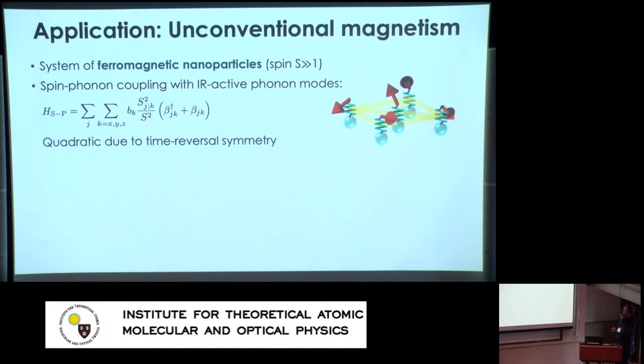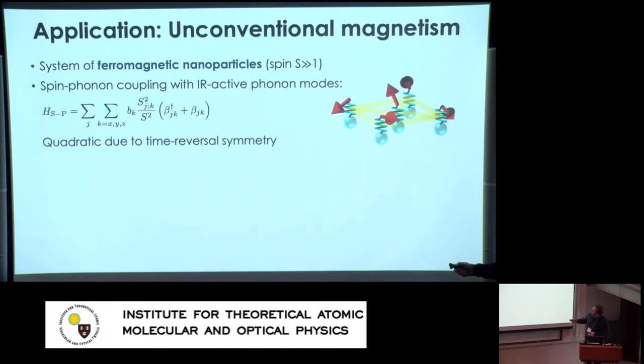But for example, one very interesting application that we found is if we assume a system of ferromagnetic nanoparticles, so particles that each already have from the beginning a large spin, and I have spin-phonon coupling with infrared active phonon modes, exactly this mediator setup that I looked at.